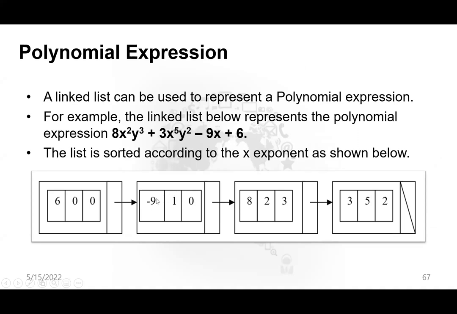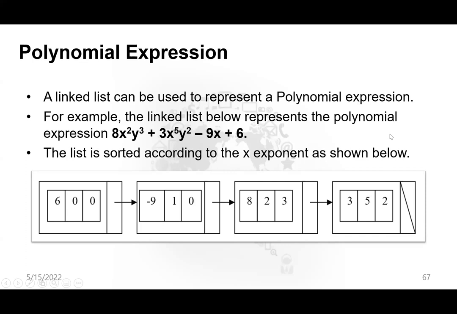And then this minus 910 represents this part here, minus 9x, where the coefficient is minus 9, your x is power 1, but your y is power 0. That's why you don't have the y here. And then this 823 represents this one, 8x power 2, y power 3. And 352 represents this 3x power 5 and y power 2.